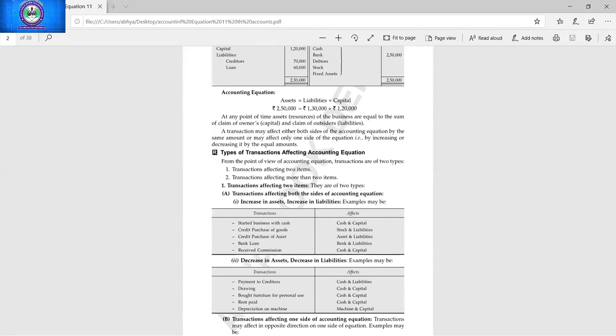Very good, Abhay. Next, my question is for Darshika. Unmute yourself, Darshika. You have purchased furniture for cash. Which two accounts are involved in this?